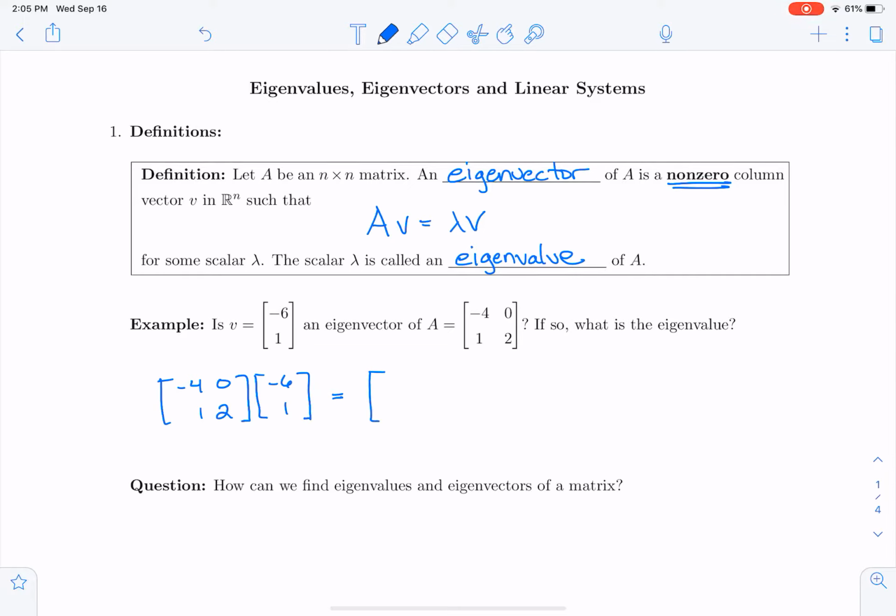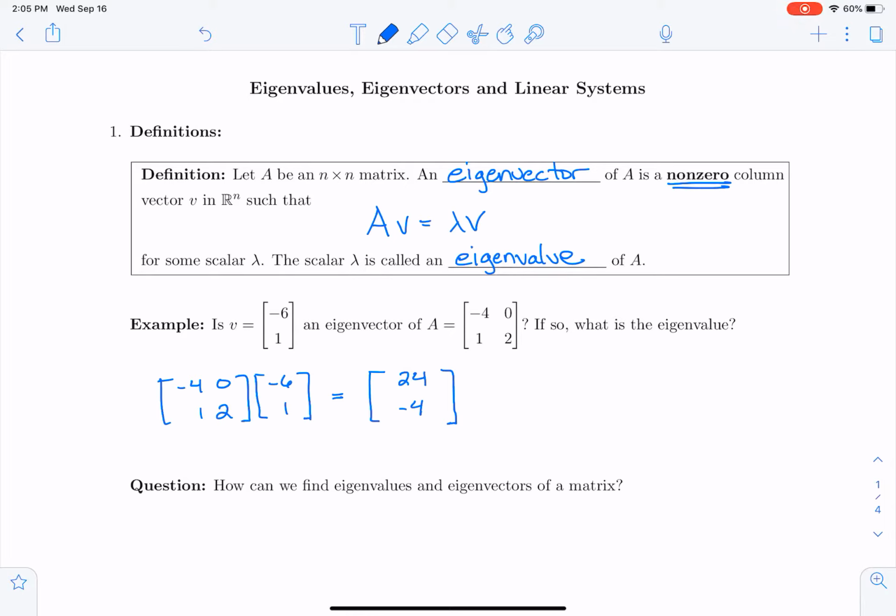So I'm going to multiply that first row by the column, and I'm going to get 24 plus 0 times 1, so it's just 24. And then for the second row times that column, I'll get a -6 plus 2, that's also -4.